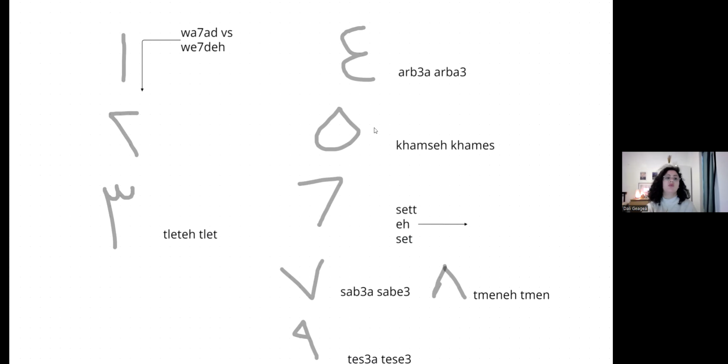And this is why when we want to say 300, we say ثلاثمية, and for 300 with things, تلتمية. 400, 500, 600, 700, 800, 900, these would also change.